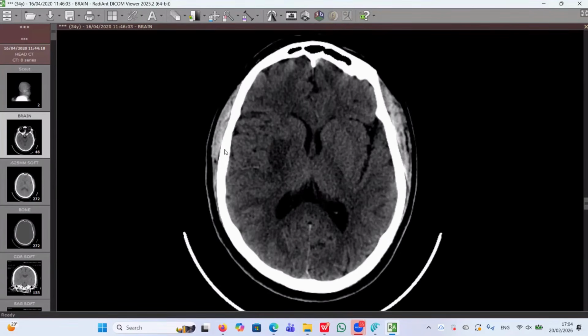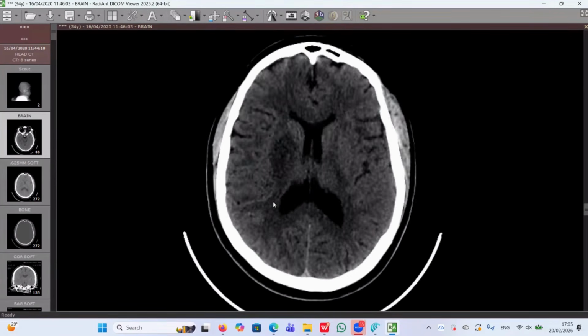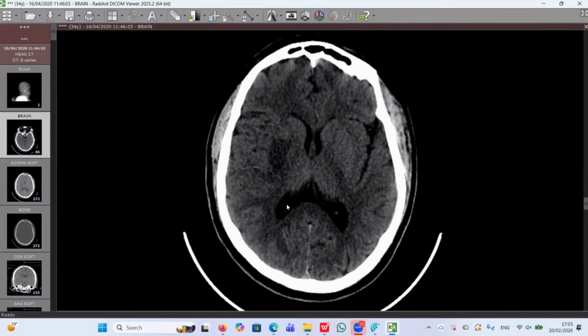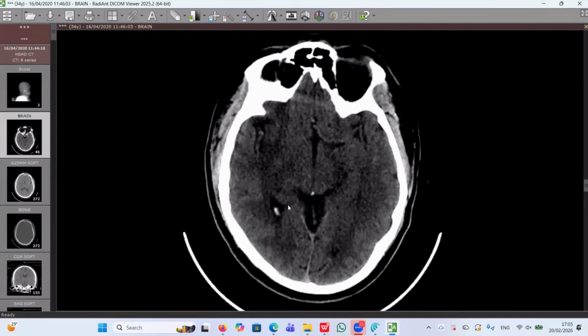Those are 7 points. When we go to the higher slice, we have another three points, so we have 10 points. In these 10 points, only 2 points are affected, so 8 regions are preserved out of 10. Our score here is 8/10.